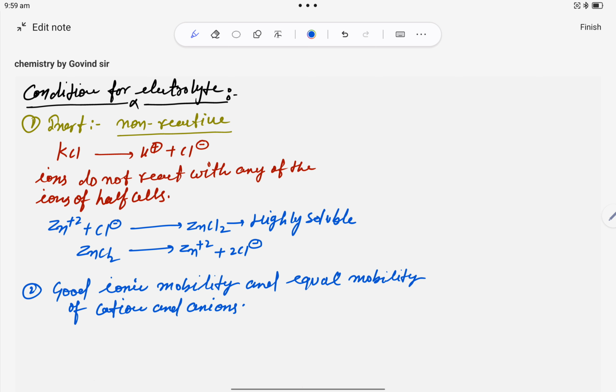Good ionic mobility, they have to be very slippery. That is why we use gelatin or agar-agar powder along with the inert electrolyte. And equal mobility: an equal amount of cations and anions should pass into each container. Otherwise, our process will not happen.